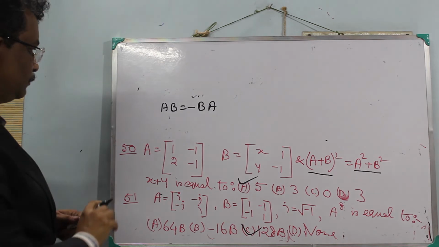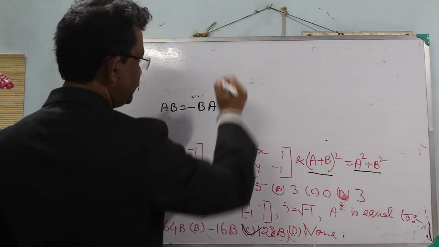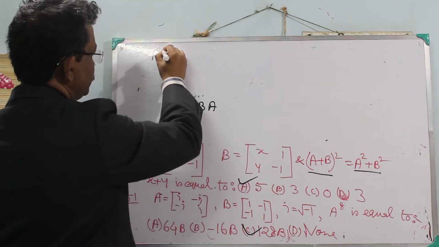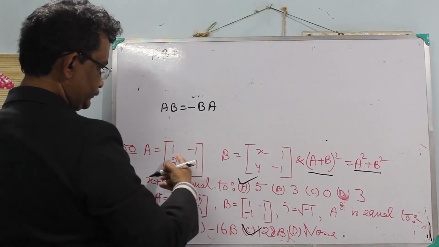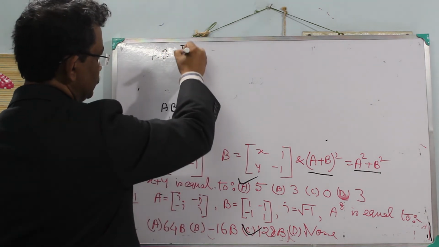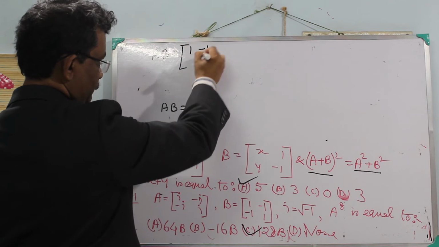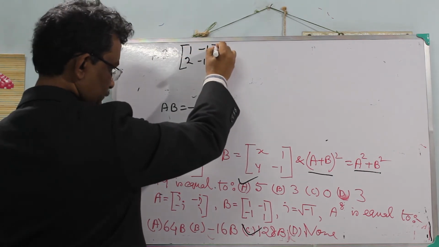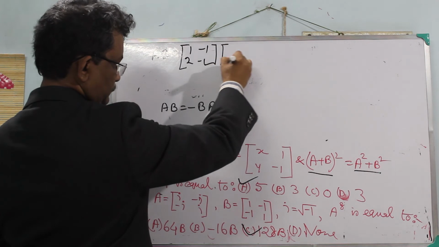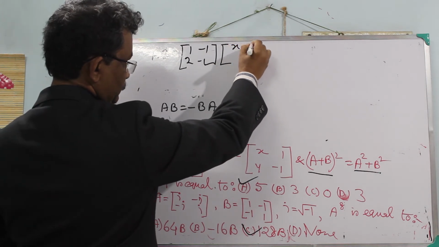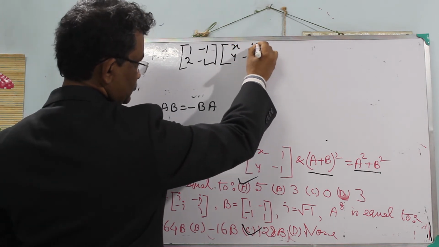Now, what is AB? AB equals this into this: 1 minus 1, 2 minus 1, times x 1, y minus 1.